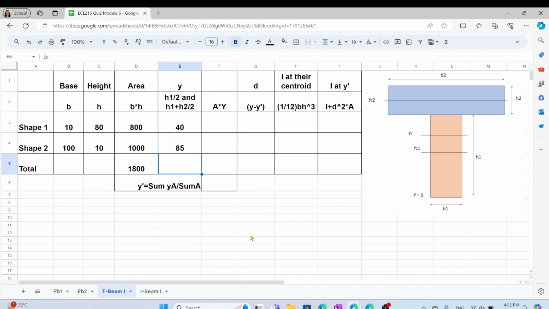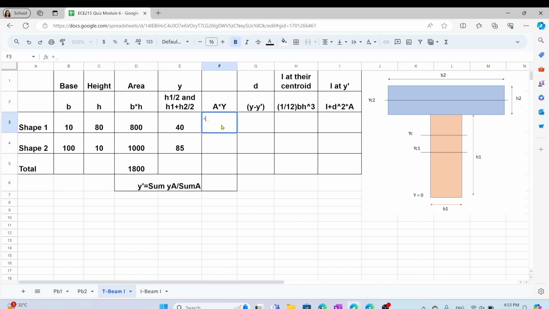Here the sum does not have any interest. The area times y. Why do we need that? We need that because to find the centroid of the composite body, what we do is the sum of the centroid times the area of each element divided by the sum of the area, our average formula.